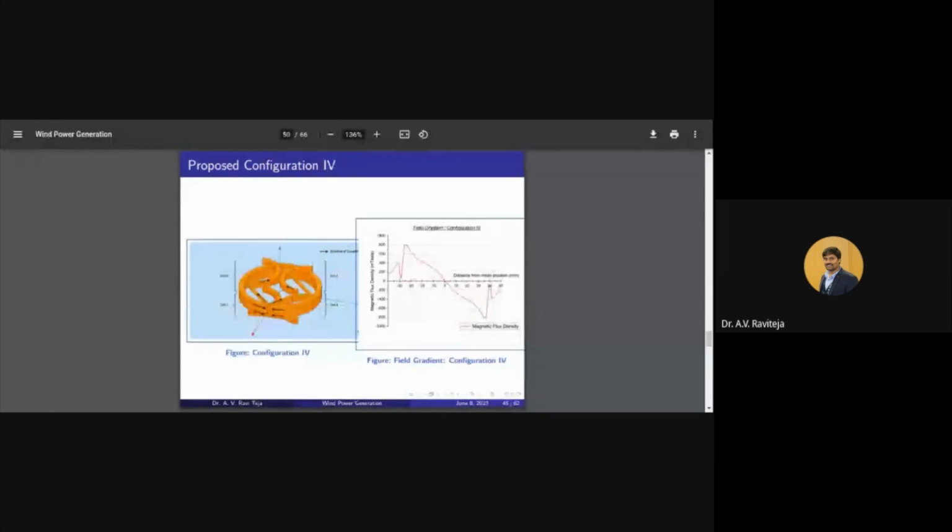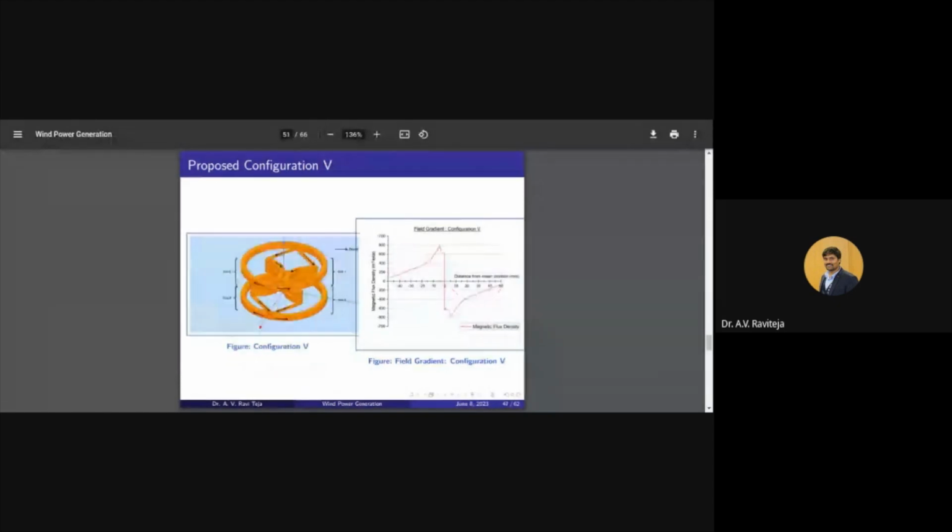Okay, this is configuration 4, where it is changing from one extreme to another extreme, but at the center it is still 0. So then we tried to combine the previous configurations and finally achieved a huge flux change at the center. Right? So this is configuration 5, which is the final design that was proposed.